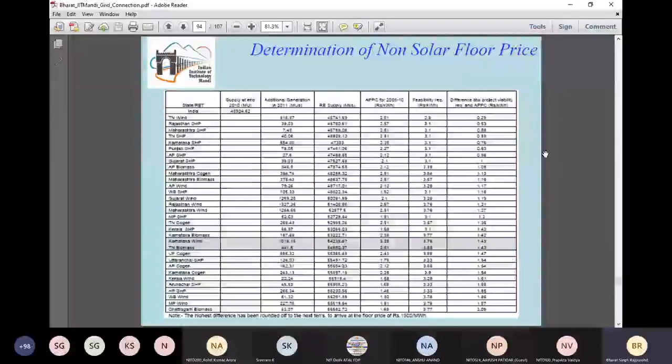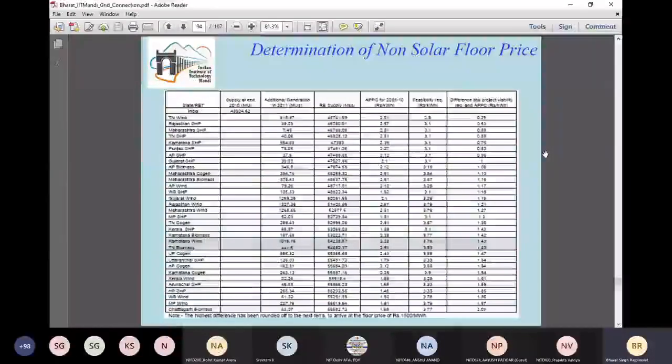It means if all sources above Karnataka wind are selected, we will be able to meet our renewable energy requirement of 2010 and 2011. The difference in the last column comes out to 1.43 rupees. If we give all selected sources above Karnataka wind a floor price of 1.43, this is our floor price.